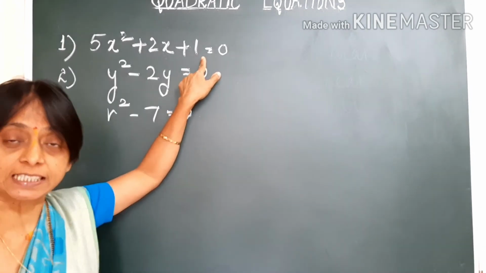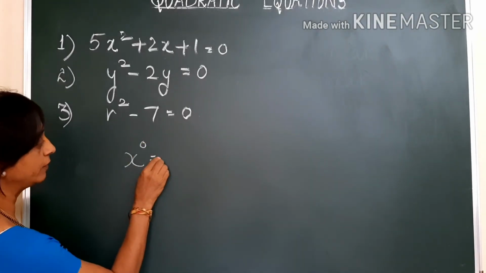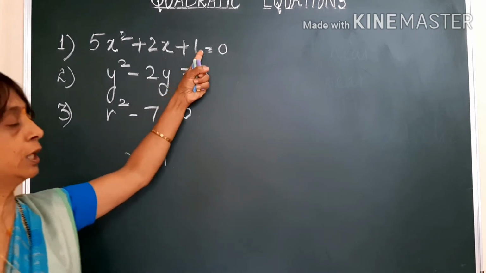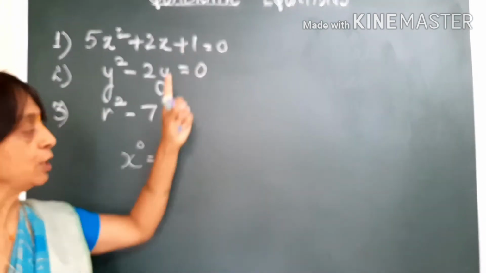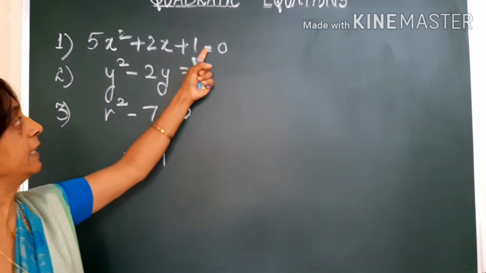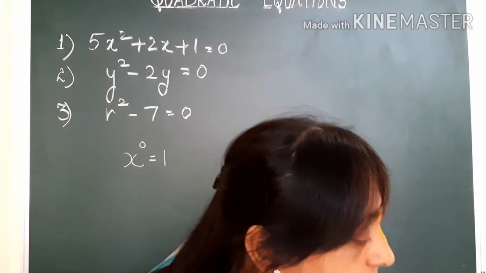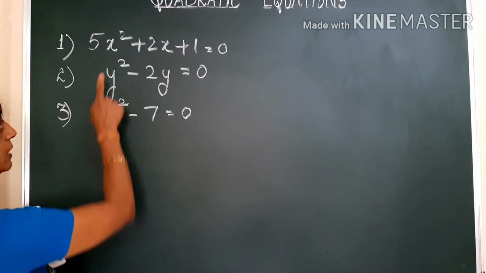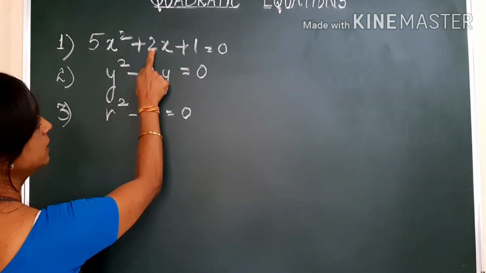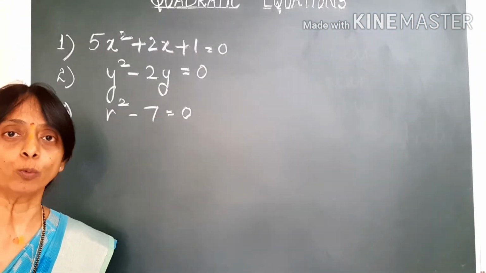As we have learnt in indices, anything raised to 0 is always equal to 1. So even though in the last term the variable x is missing, it is very much present with the power of 0, and that is equal to 1. So anything multiplied by 1 is the same number itself. So what did we see over here, children? We saw that all the terms are arranged in the descending power of the variable.